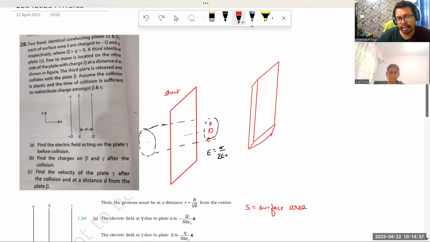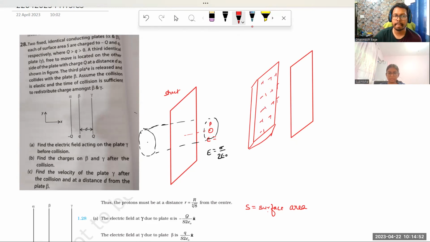It always comes with another plate, like in a capacitor, we'll talk about capacitor. Like if this is positive, sheet, right? One side of it. Two fixed identical conducting plates have surfaces with charges minus q respectively, over the third plate. It's not talking about the other side, one side of the plate.